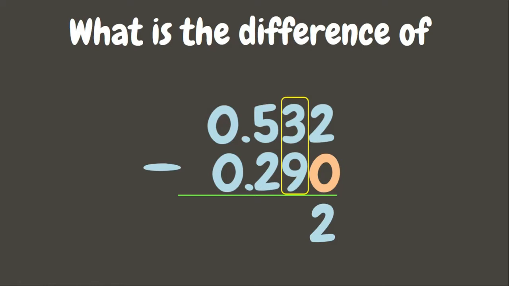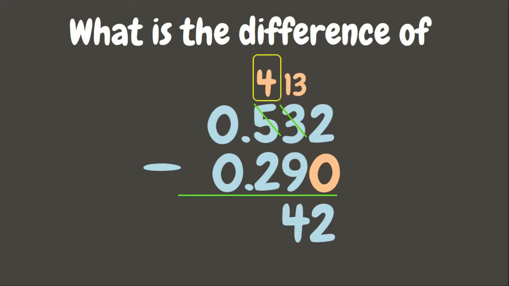3 minus 9 is? Cannot be. We need to borrow from the next place value, which is 5. Let us borrow 1 from 5. 5 will be 4. And 3 will be 13. 13 minus 9 is 4.